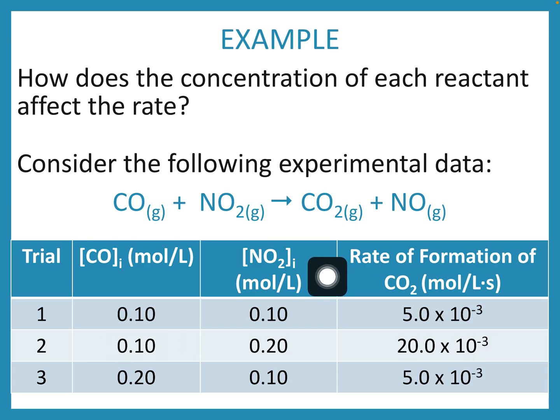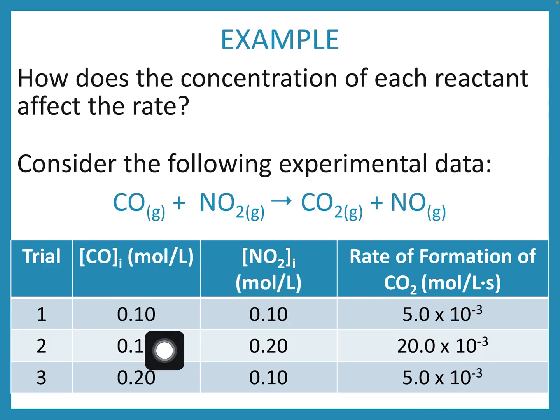When we compare, for example, trial 1 and 2, there is no change in the concentration of carbon monoxide, but there is a change in the concentration of nitrogen dioxide. So taking a look at this allows me to see the impact on the rate of just changing nitrogen dioxide.